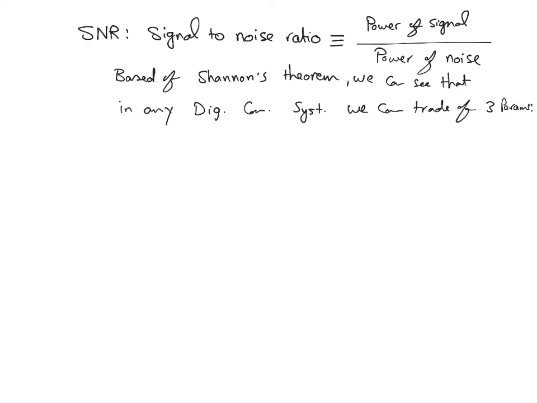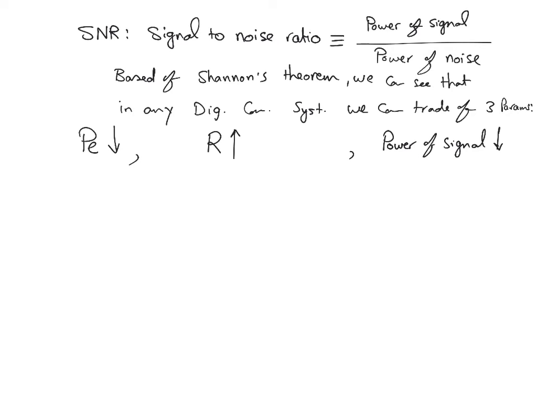What are they? Probability of error, and we want this one to go as small as possible. The second thing is transmission rate. We want this one to go as high as possible. And the third one is power of signal. And what's the objective? You want to transmit with the minimum possible power or with the maximum possible power? Minimum. So you want basically to reduce this as much as possible.